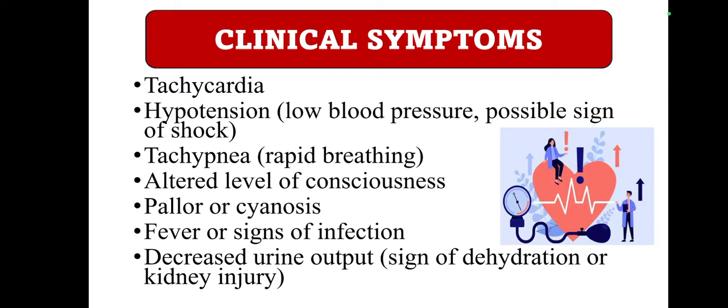Altered level of consciousness, pallor or cyanosis due to the lack of perfusion in the tissues and cells. Next, fever or signs of infection. Then decreased urine output due to dehydration and massive fluid loss, leading to acute kidney injury. Those are the signs we can get from a burn injury patient.